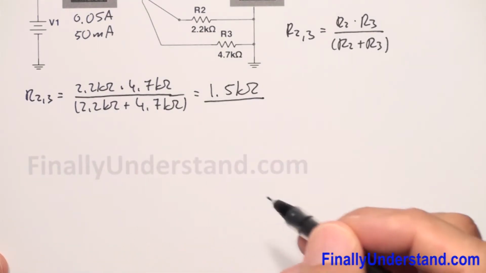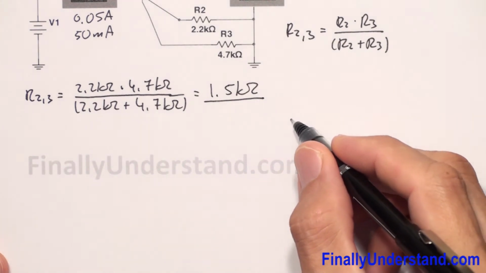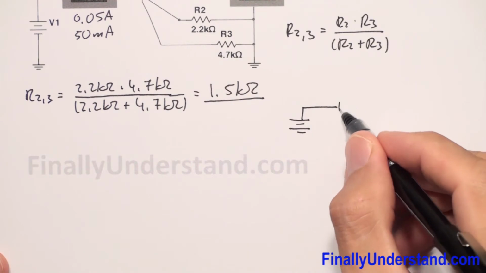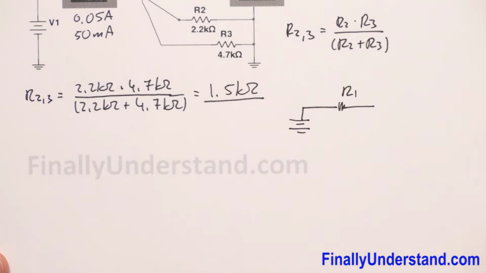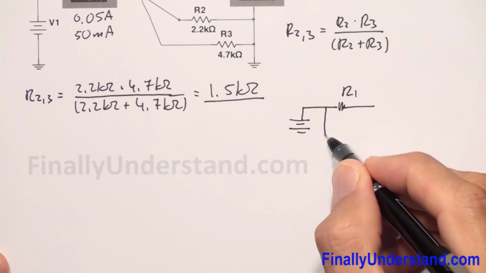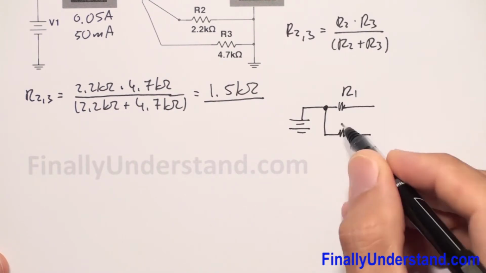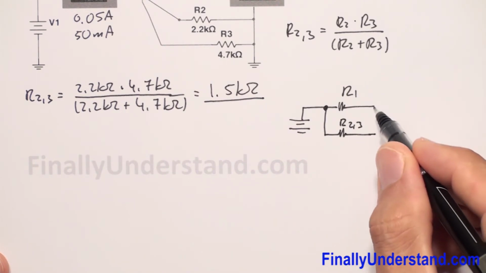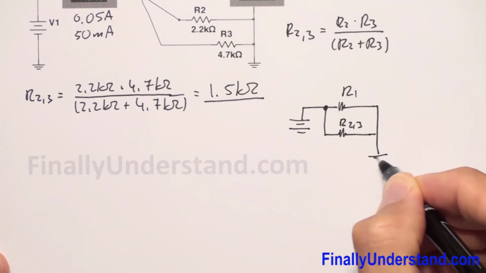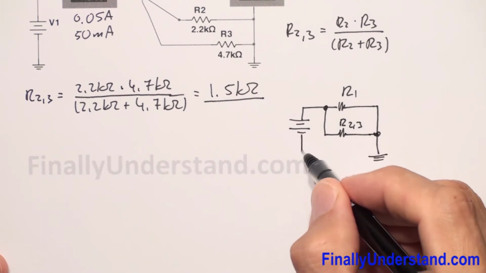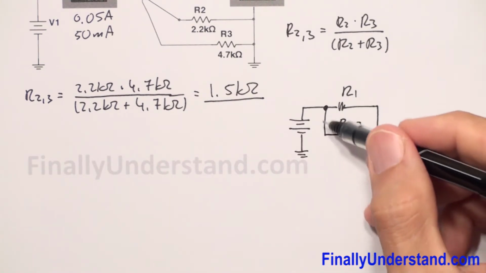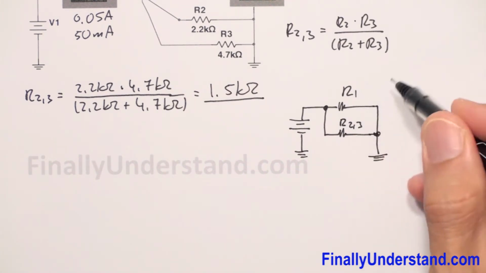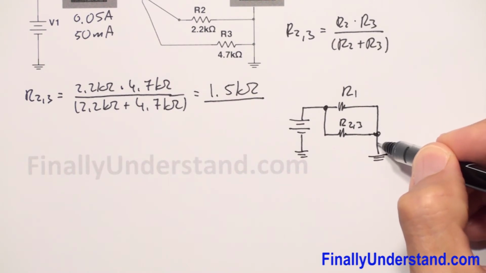So I can redraw the circuit right now, and the circuit is going to look like this. We have a voltage source, we have resistor R1, and we have resistor R23 over here. We got two resistors which are in parallel, because the total current is going to split into two currents, and these two currents are going to make I total again at the other end.